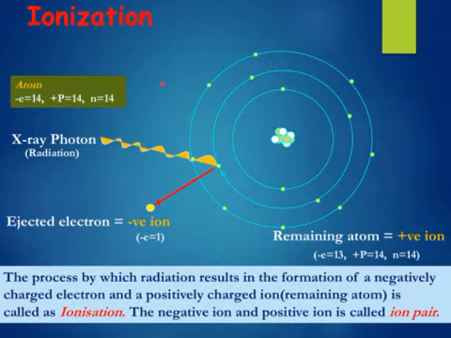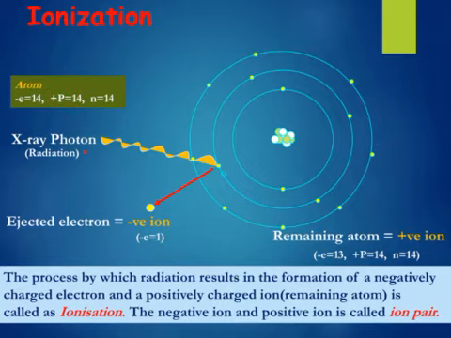Neutral atom means the number of protons and the number of electrons will be the same. As you can see here, both of them are 14 in number.